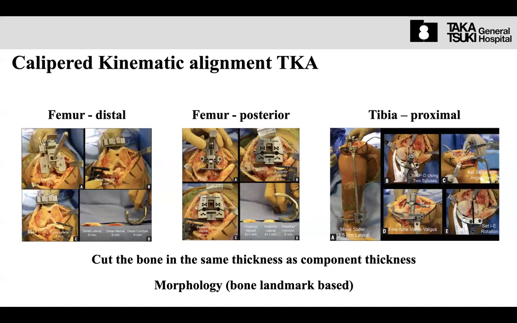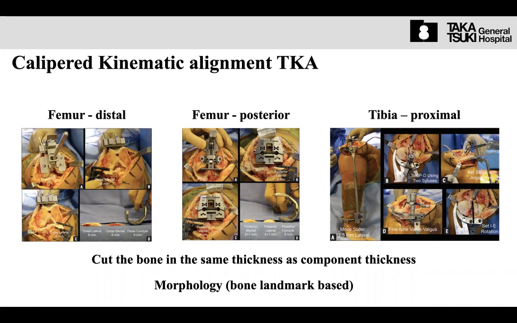Anyway, femoral rotation should be parallel to the PCA, the posterior condylar axis. That means we will cut the same thickness as the component on both the medial and lateral sides. Normally, the posterior condyle cartilage is intact, so we do not need to compensate for cartilage wear.